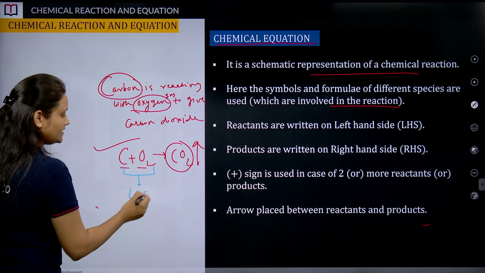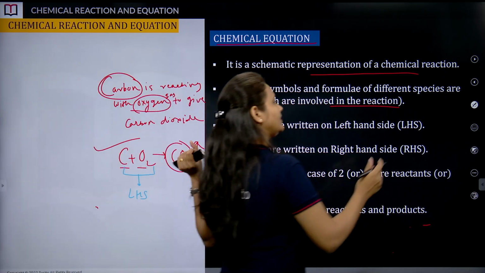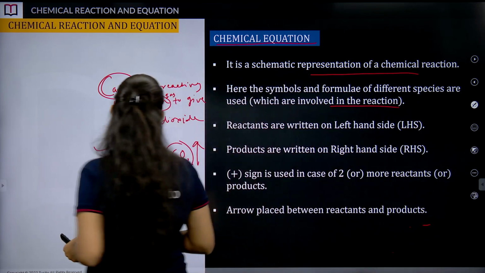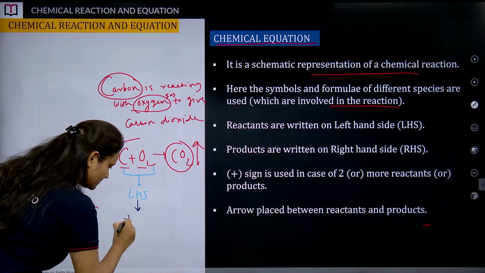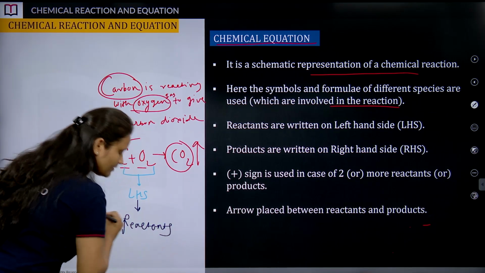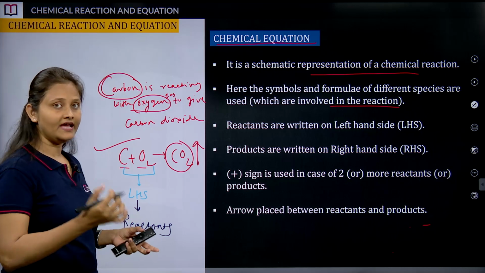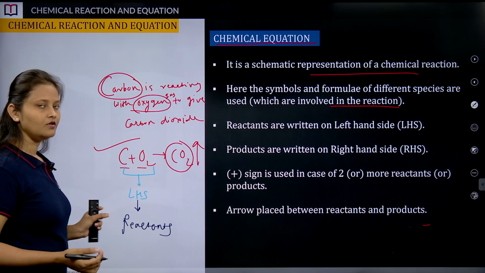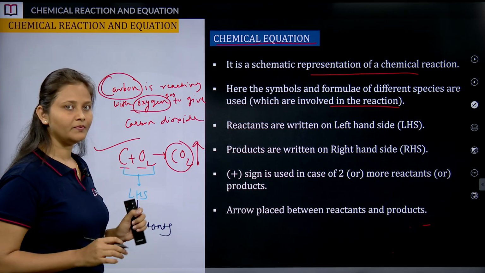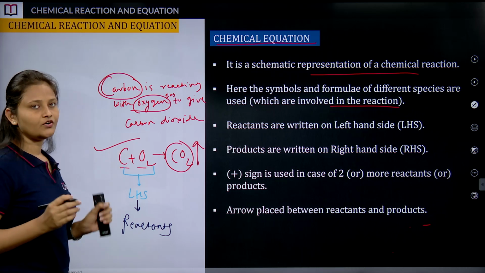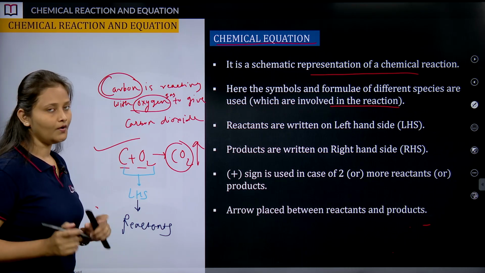These are carbon and oxygen, the two reactants, which we refer to as reactants on the LHS. Always remember, reactants are always going to reside on the left hand side of any chemical equation. Got it?